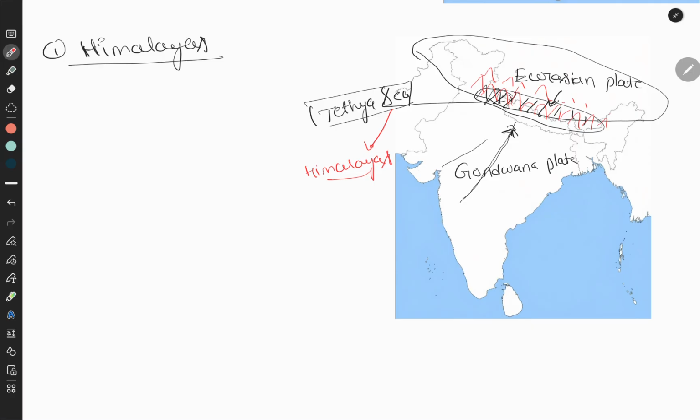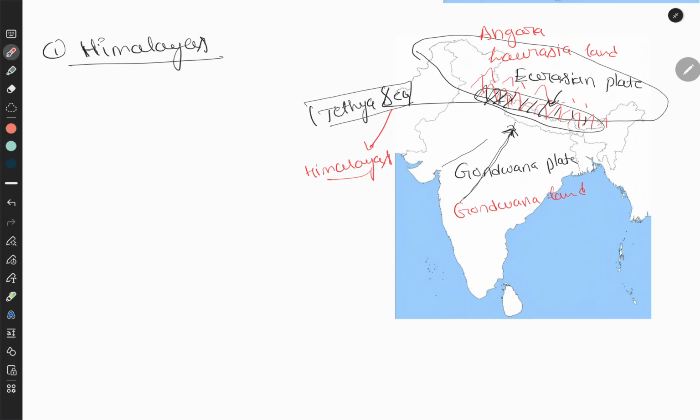The land on the north side of the Himalayas we call Angara land or Laurentia land. The land on the south side of the Himalayas is called Gondwana land, as usual.